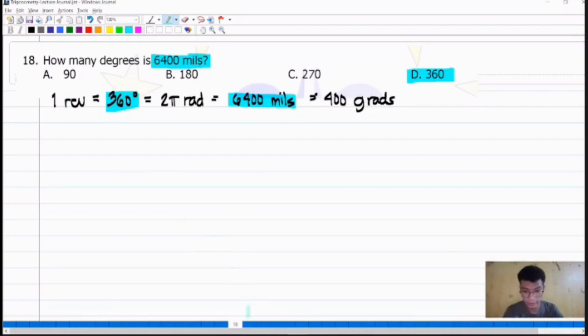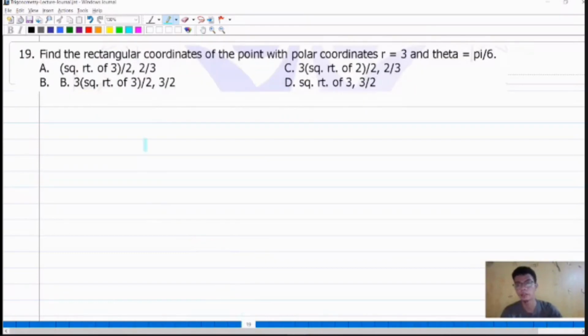Next, number 19. Find the rectangular coordinates of the point with polar coordinates r equal to 3 and theta equal to 5/6. Let us make our Cartesian plane.